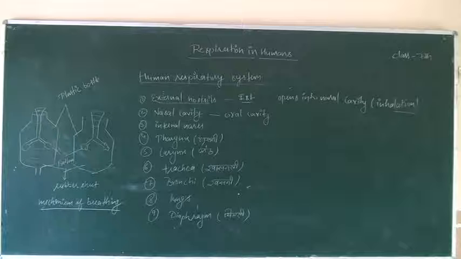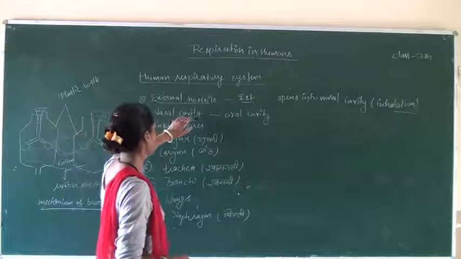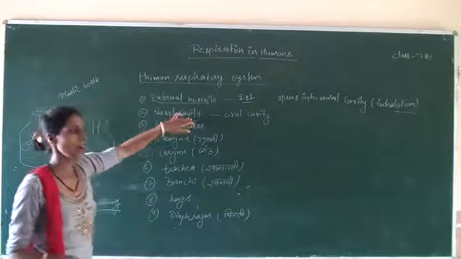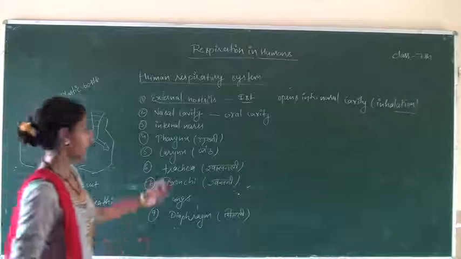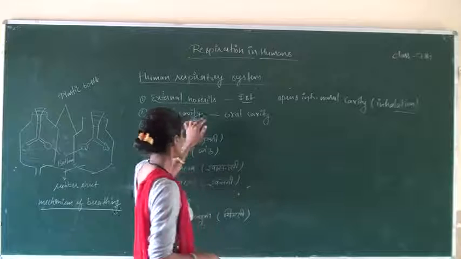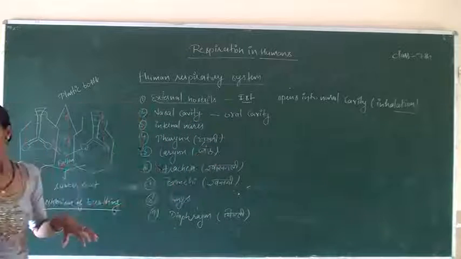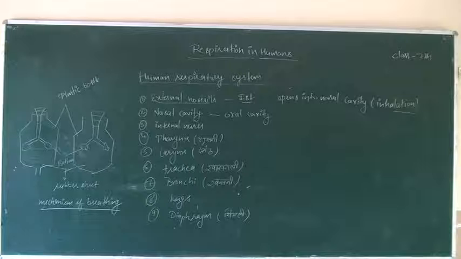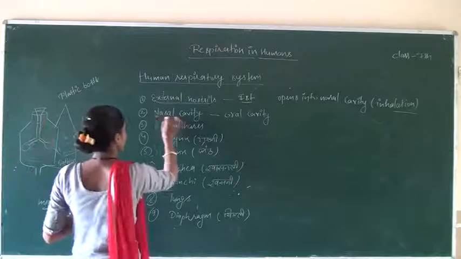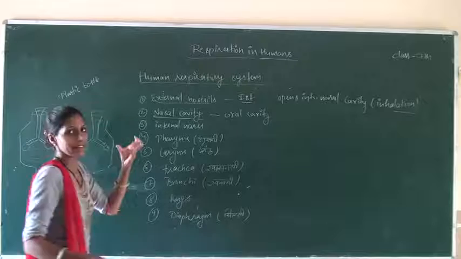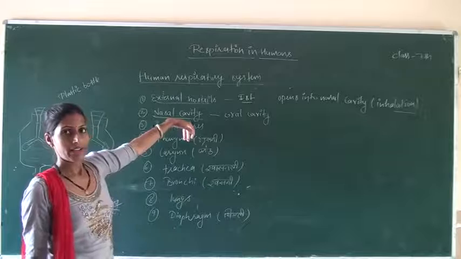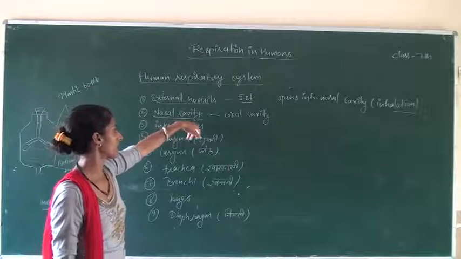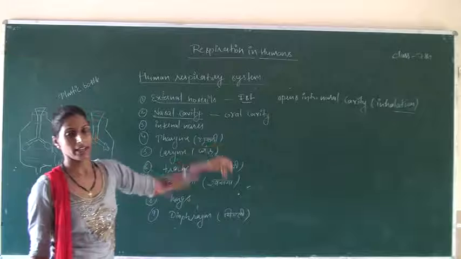The process of warming, moistening and sterilization of air takes place here. The nasal cavity contains hair and mucus, which entrap the dust particles, so dust does not enter into our body.